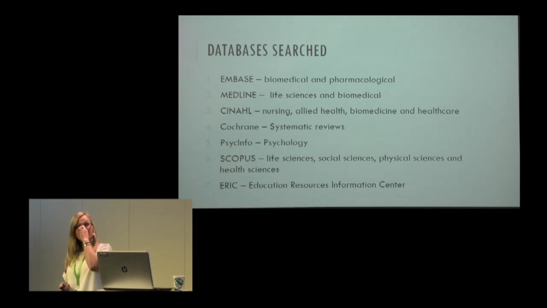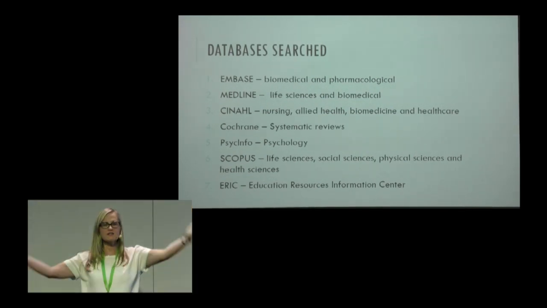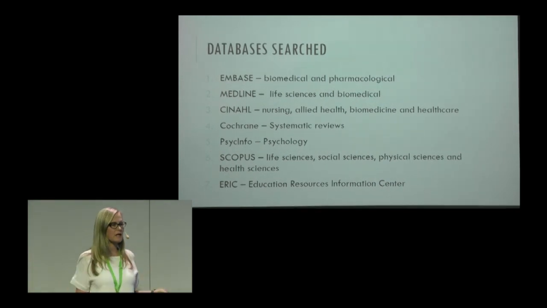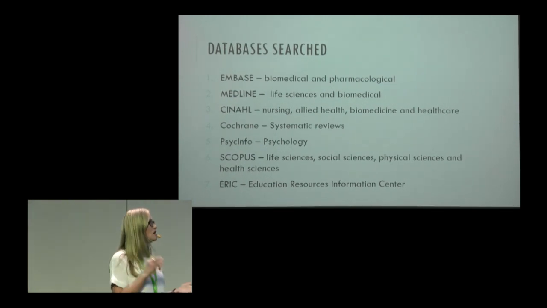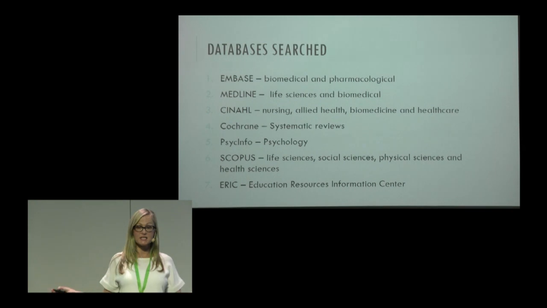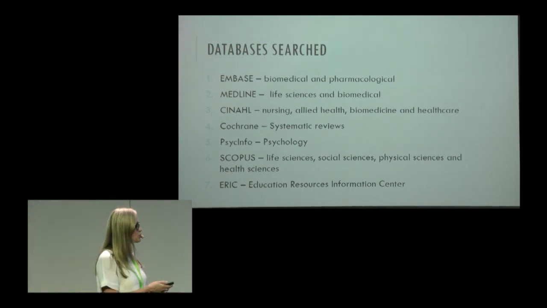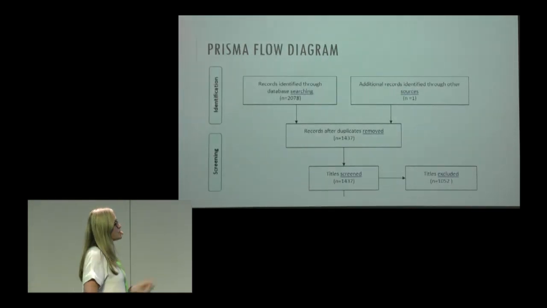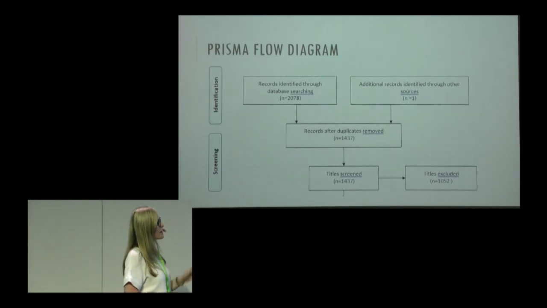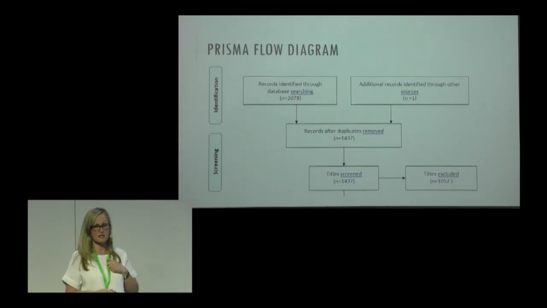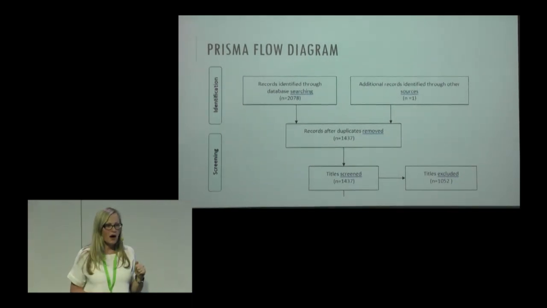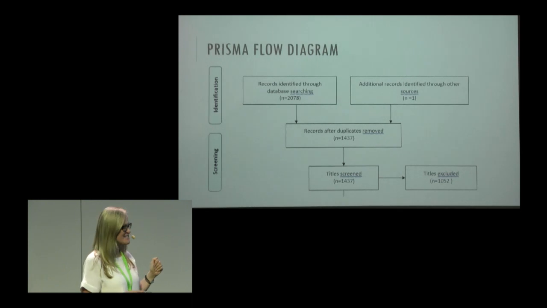We looked at 7 different databases and we wanted to cast a wide net because PANDS publications are published quite broadly across the education, across the biomedical, across psychology and across nursing and allied health. So we cast a broad net. And you can see here in this PRISMA flow diagram that once we removed all the duplicates, we retrieved 1,473 articles, which I went through painstakingly every single one of them.